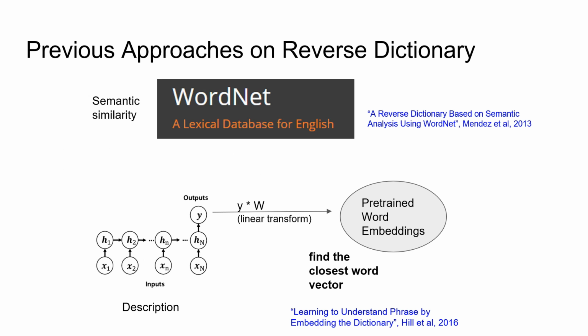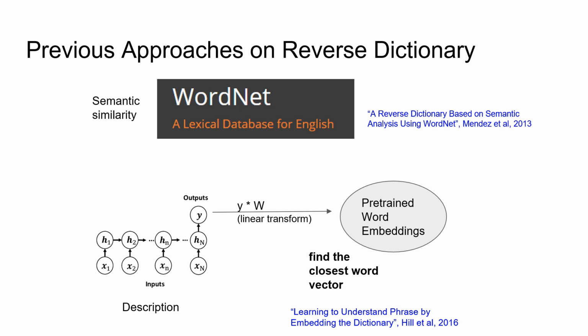Here I want to mention two previous approaches on reverse dictionary. The first, in 2013, used WordNet to calculate the semantic similarity between the description and the target words. The second, in 2016, used the last output from an RNN model.